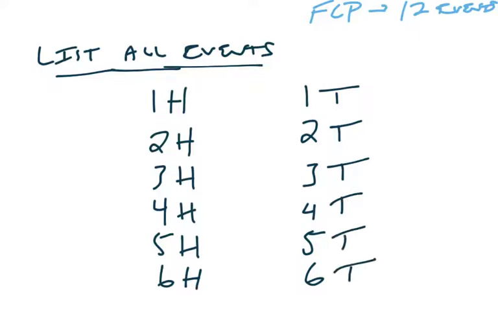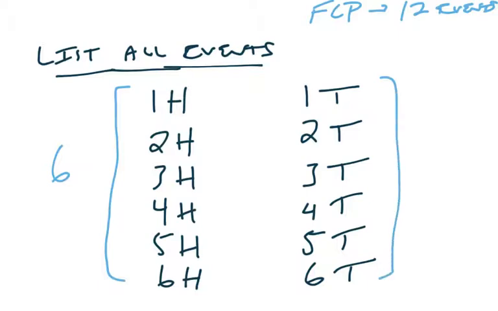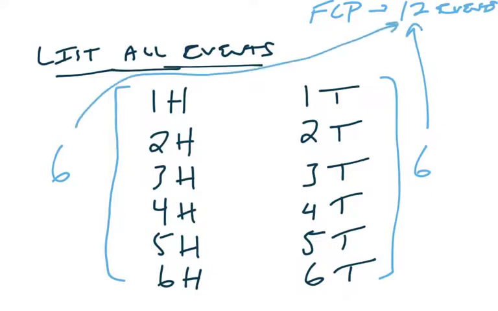Okay? If we count them, there are 6 here, 6 here, 6 and 6 together gives us the 12 events that we knew we were supposed to have. All right, so I think we've done this correctly. Let me list it out in set notation, just so we have the sample space written out.